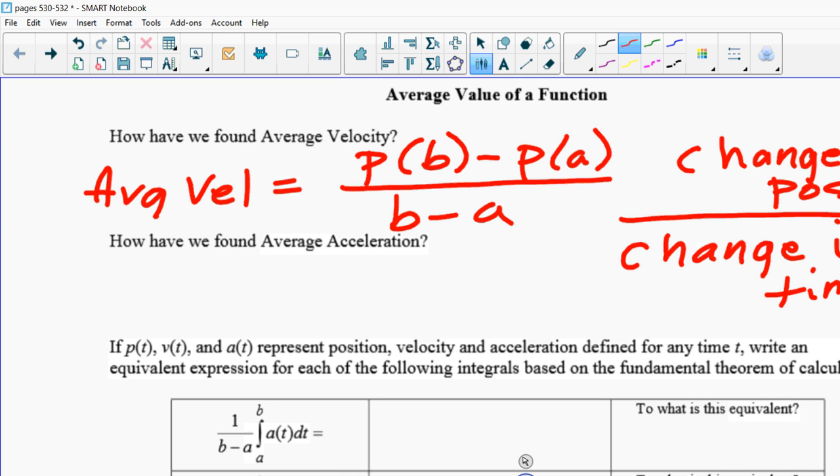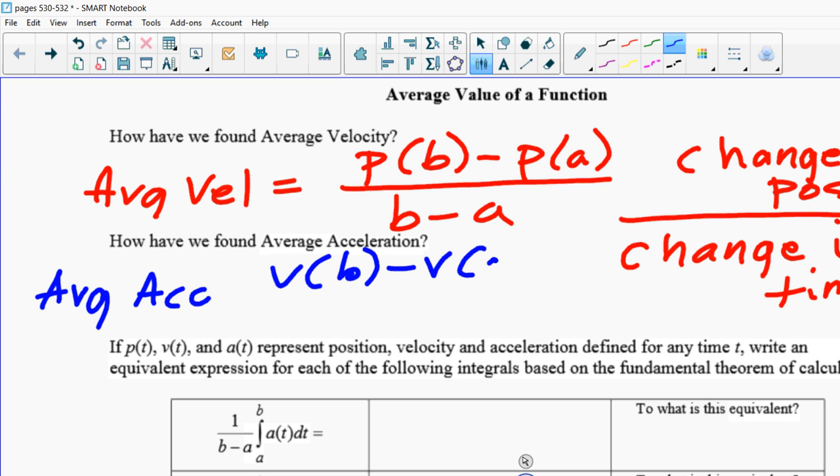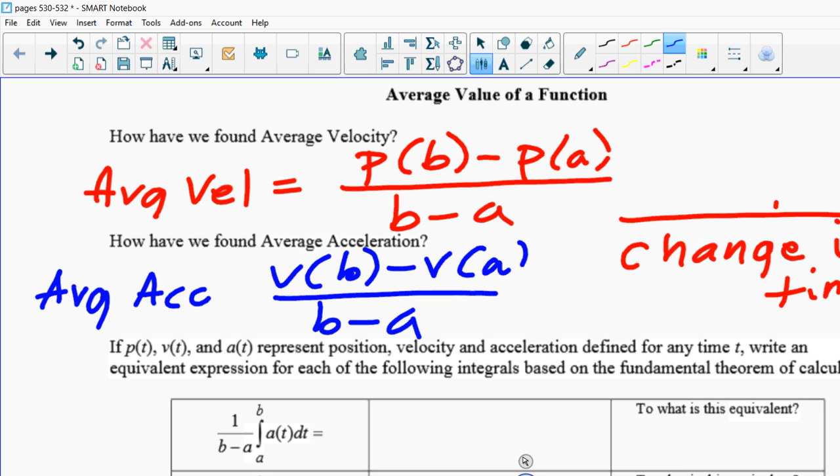If we find average velocity by the change in position divided by the change in time, how do we find average acceleration? Change in velocity divided by change in time. So V of B minus V of A over B minus A. So that's going to be the change in velocity divided by the change in time.